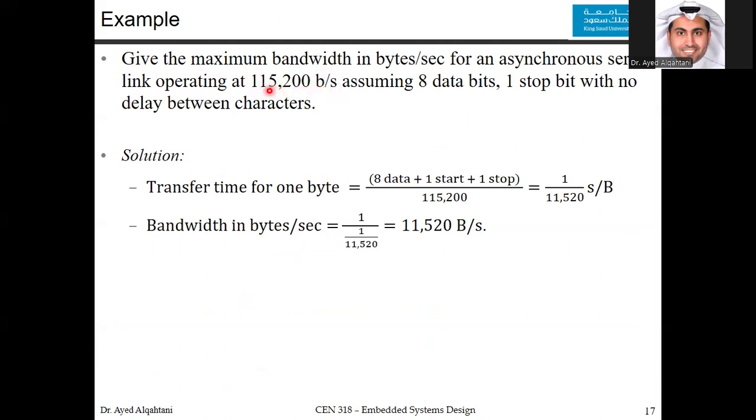So that's actually the bandwidth, you could say it's the frequency. Assuming you have 8 data bits, 1 stop bit, and no delay between the characters. Since you have 8 data bits, for sure there is no parity. So you will have 8 data and 1 start and 1 stop.